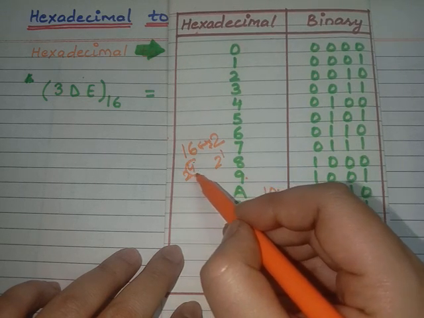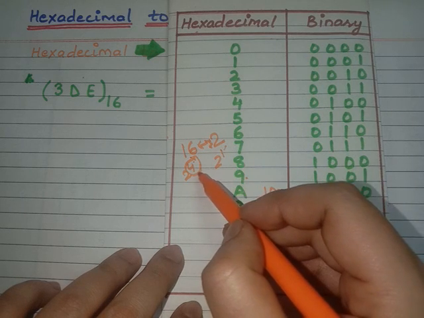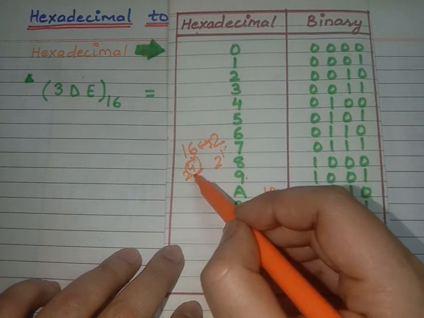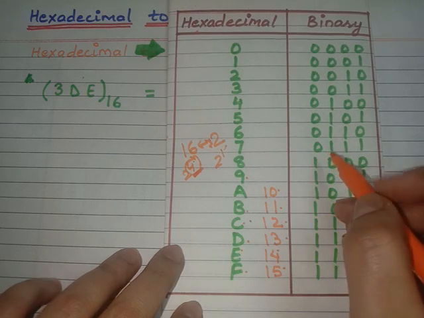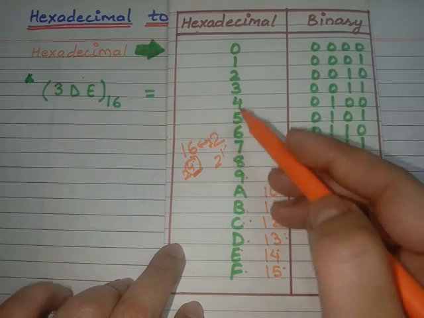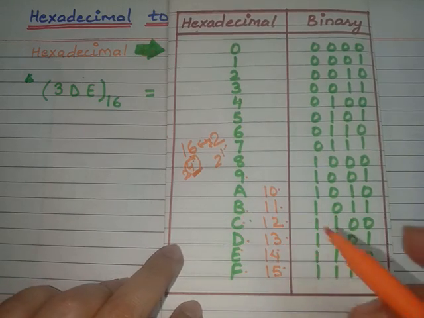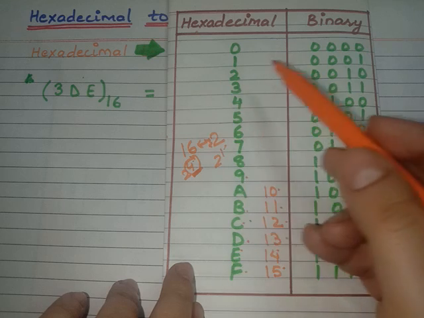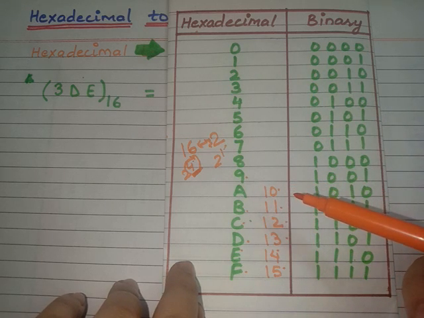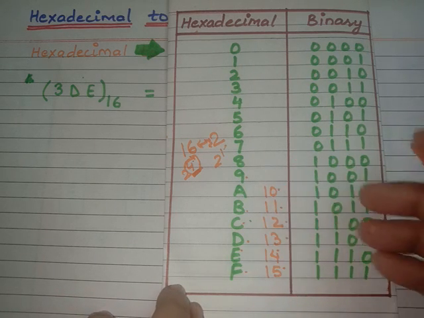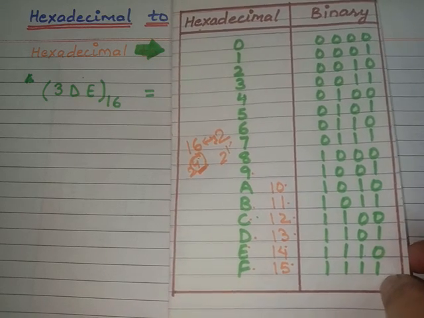So you will notice that we will need 4 bits of binary to represent any hexadecimal digit. If you want the details of these conversions, I have given the link in the description box, so you can check the videos there.